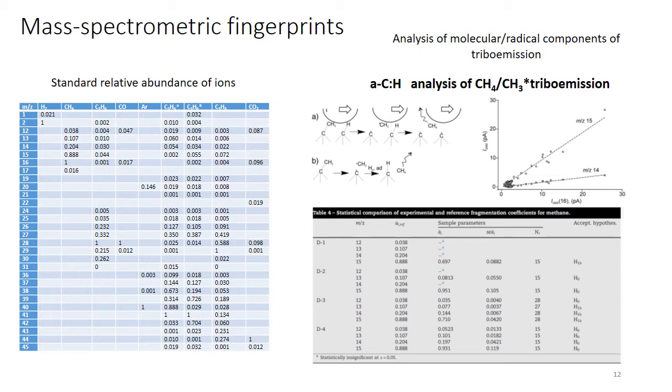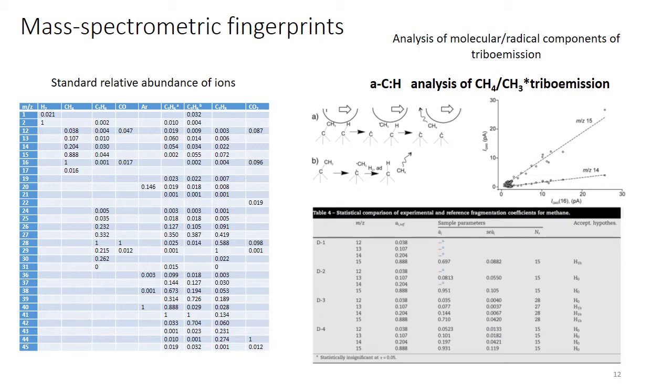You can see the relative abundances. For example, for CH4 the main peak is mass 16, and the peak at mass 15 should be about 89% of the height of peak 16, and so on. So if you have a mixture of these gases, you will have a superposition of different mass spectra multiplied by certain coefficients, which are proportional to the concentration of each gas in the mixture.